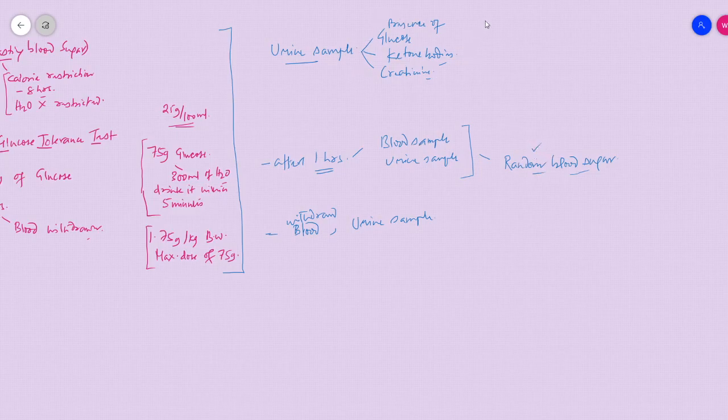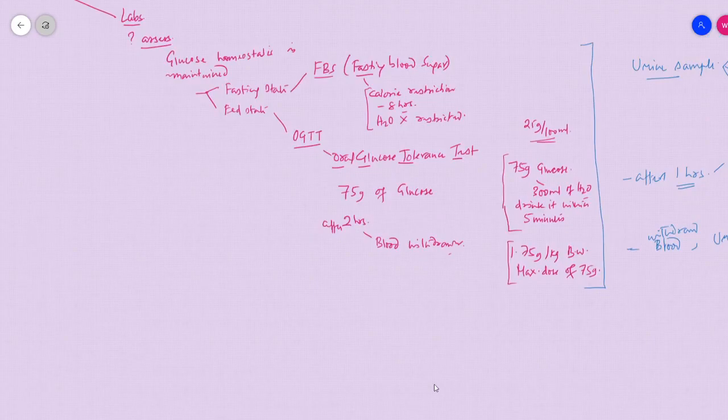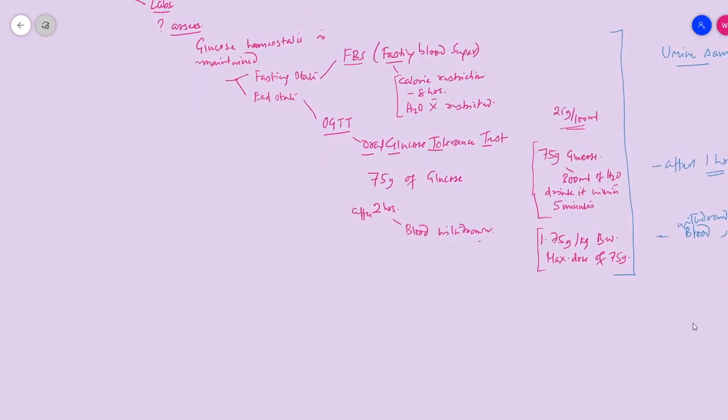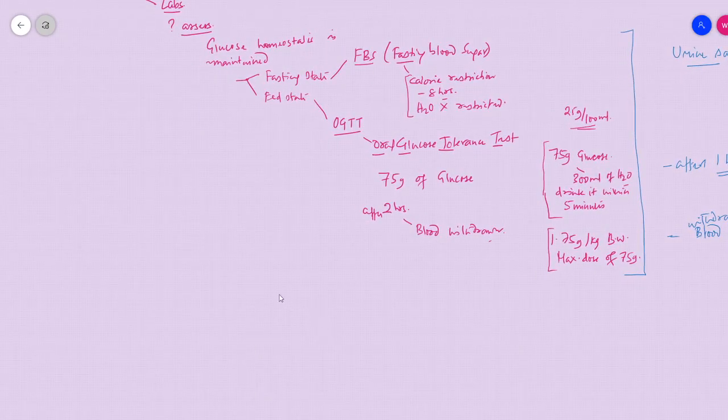So if we are able to do the urine analysis concurrently in this manner, it gives us maximum information with regards to the patient. That is done in some clinical settings. But either way, these are the recommended tests to determine whether the patient is diabetic or not.